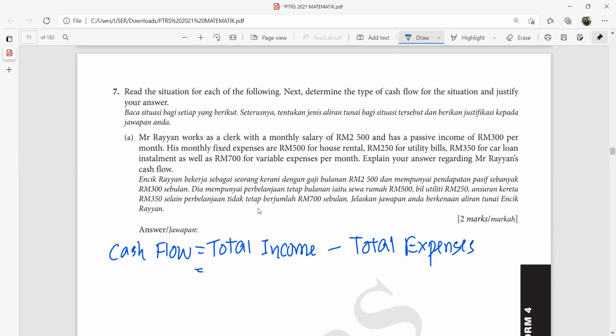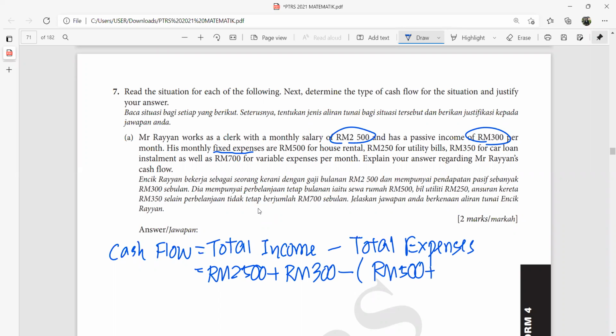So you have monthly salary, this is the active income, plus passive income per month, minus fixed expenses. These are all the variables, like the car loan, everything, and then also minus the variable expenses.